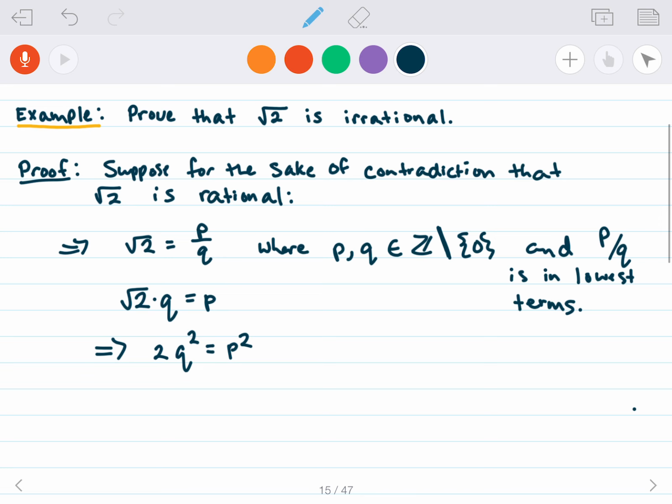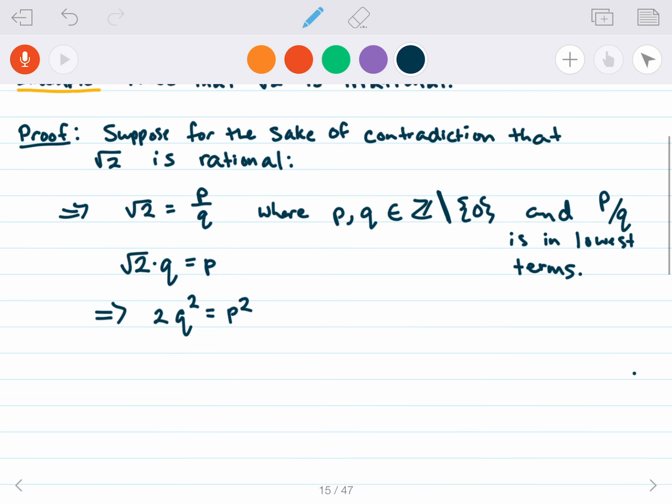And so what does that say? That says that p squared is even, right? 2 times an integer, so p squared is even, and hence 2 divides p squared. And hence 2 divides p.